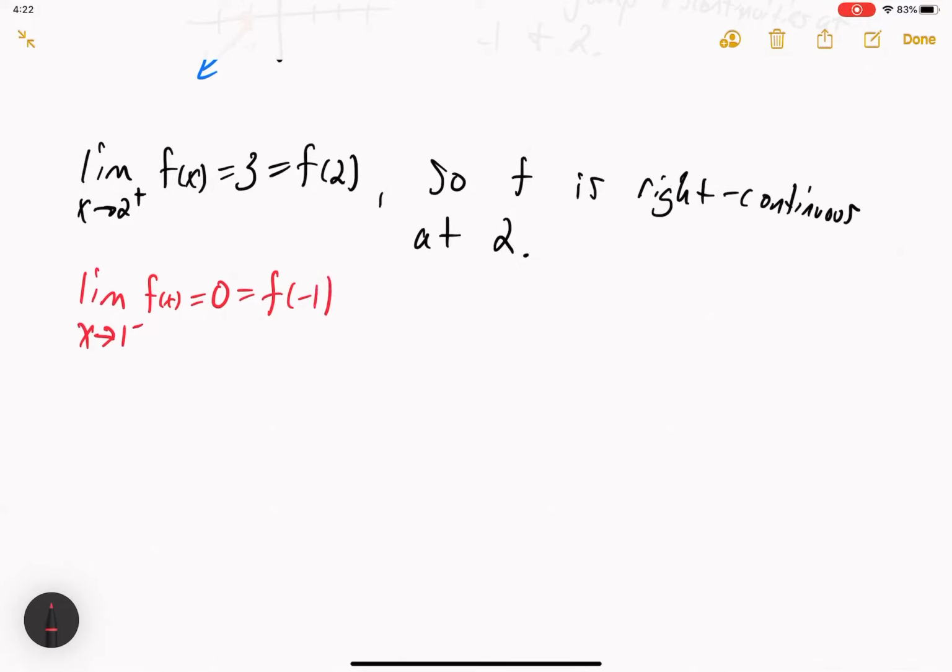The limit is equal to 0, the function has a closed circle there, which means it's equal to that value. So that means f is left continuous at -1.